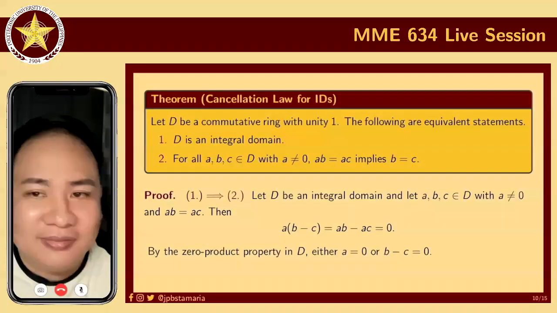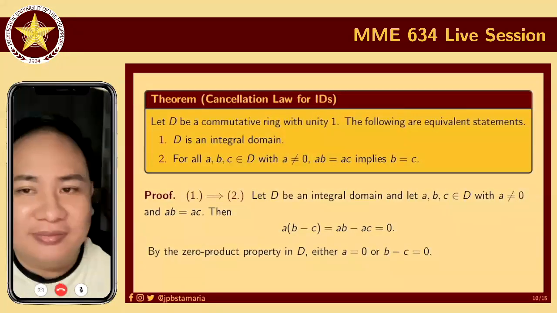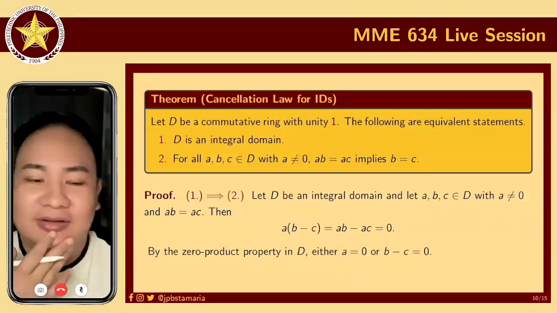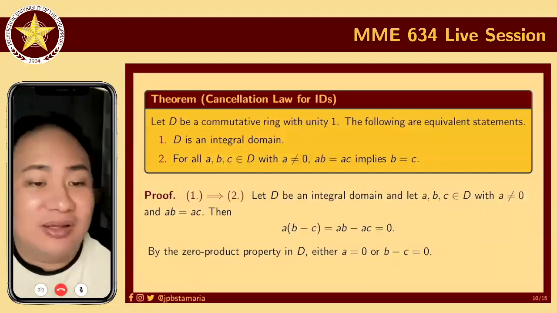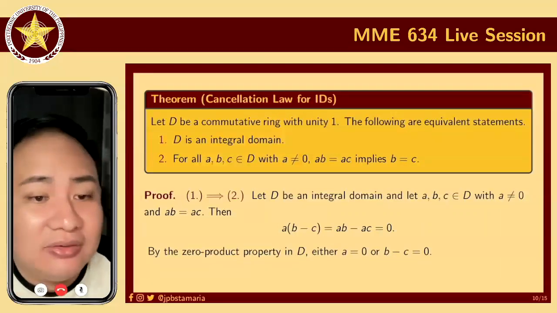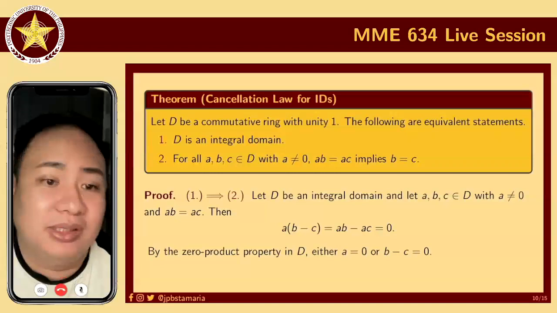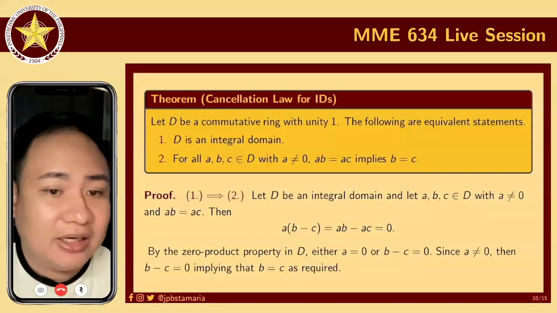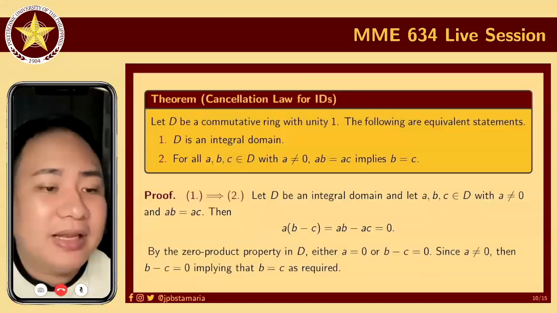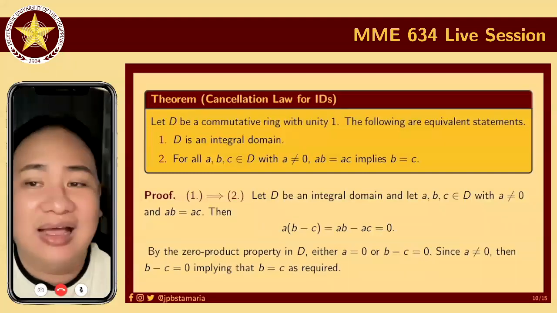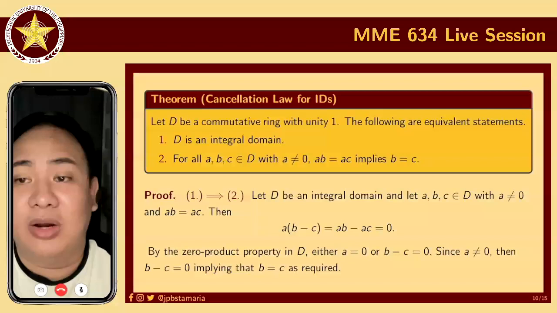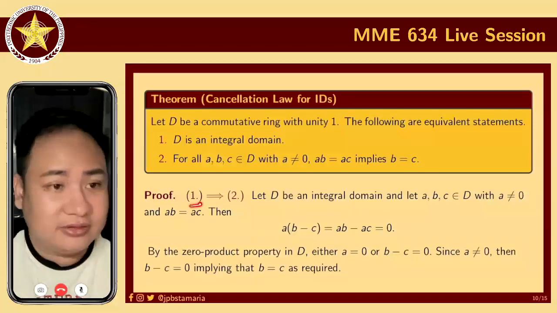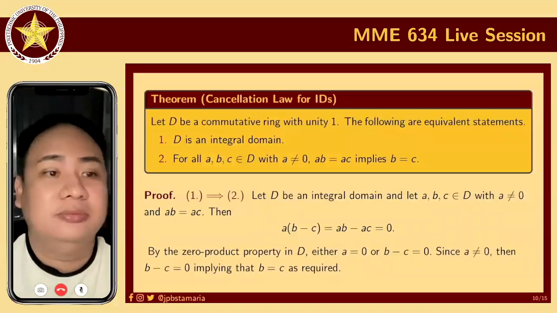Nakuha niyo yung logic. Wala akong sinasabing true yung ano na yun, ha. Logical implications lang ang pinag-uusapan natin. So either A is 0 or B minus C is 0, but A is not 0. Therefore, B minus C must then be equal to 0, implying that B is equal to C as required. Nakuha nyo? This is the proof of statement 1 implying statement 2.